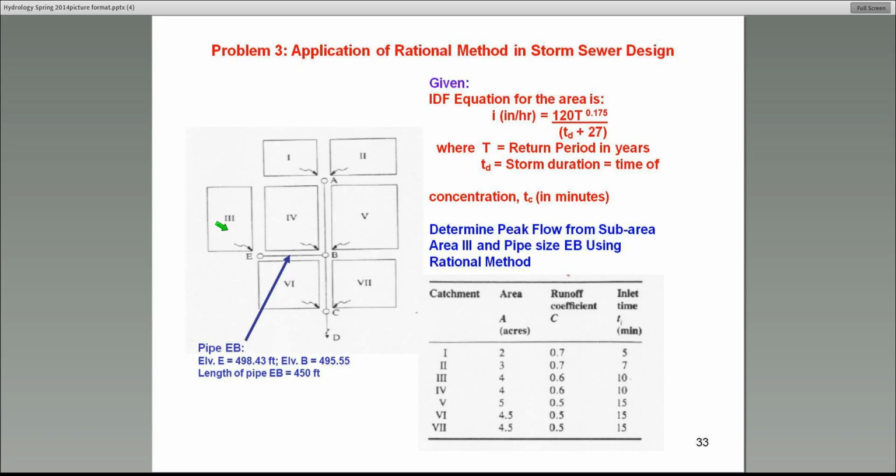Of course, once you come to point B, defining time of concentration gets a little more complicated. For inlet B, for instance, the time of concentration will be based upon areas 1, 2, 4, 5, and 3. All these areas get involved because they all drain to that common point. So again, the rule is simple.